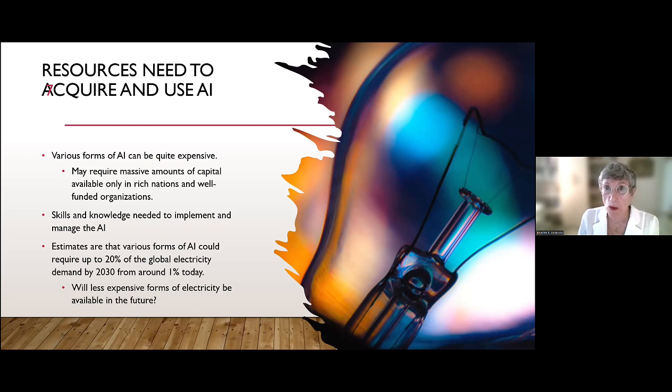I don't think we have a sufficient amount of power and energy available to support that much AI usage. And there's the question of whether there will be less expensive forms of electricity and energy. Will we find more environmentally friendly, more green energy in the future? I'm really not particularly sure about that.